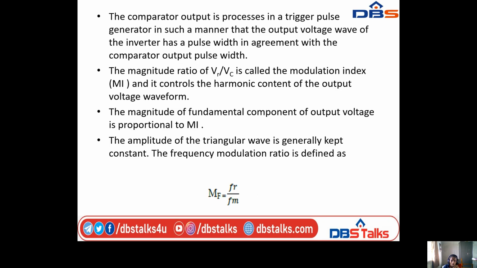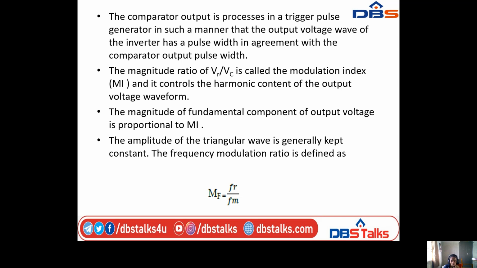Okay, and coming to the comparator output, it is processed in a triggering pulse generation in such a manner that the output voltage waveform of the inverter has a pulse width in agreement with the comparator output pulse width. Here the magnitude ratio VR by VC is called the modulation index.